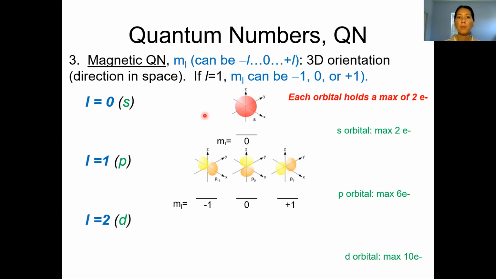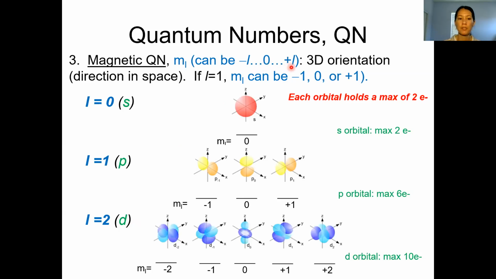So m sub L can be minus 2 all the way to 0 and to plus 2. So for the d's, we have minus 2, minus 1, 0, plus 1, plus 2. So we have 5 different ones for the 5 different orbitals. So notice the m sub L is just to give basically a label to which d orbital you're talking about.